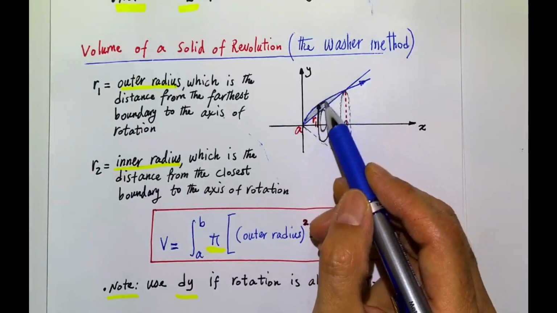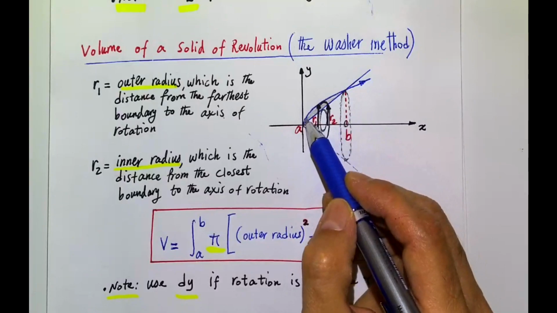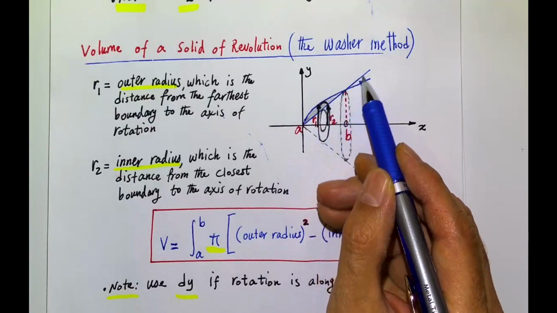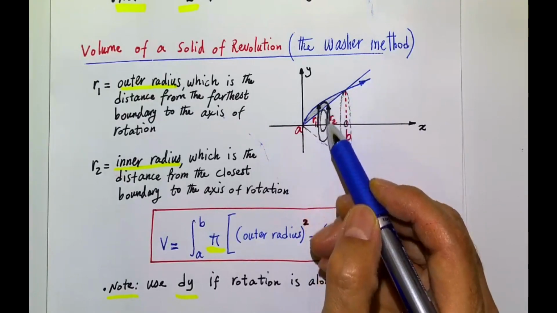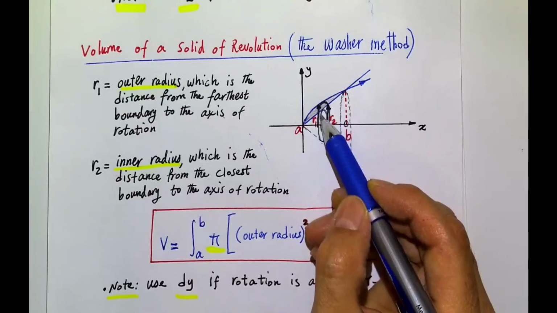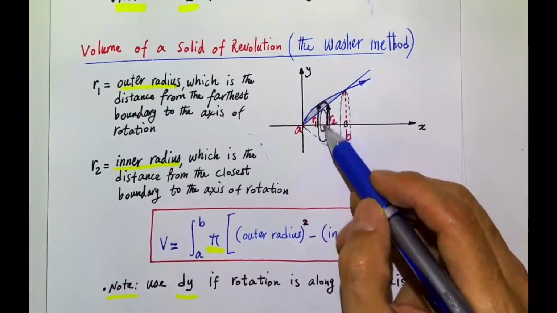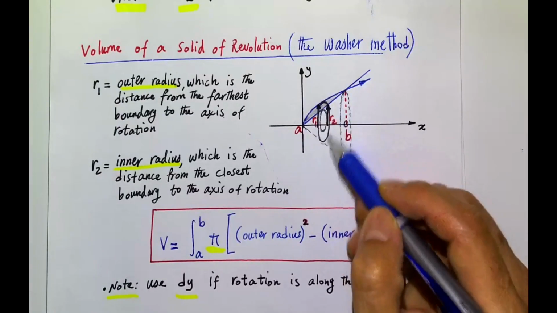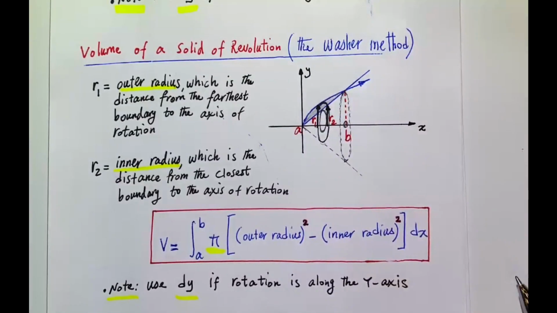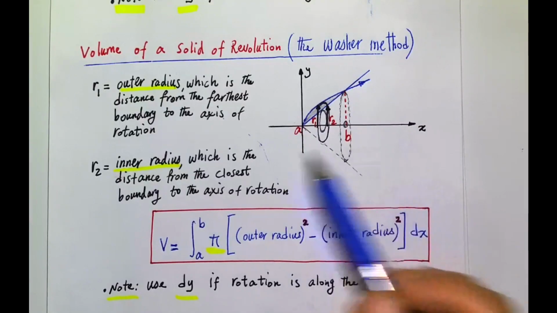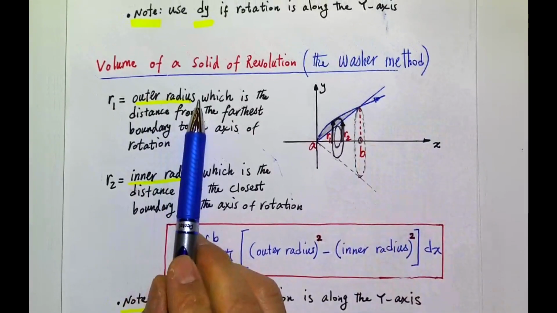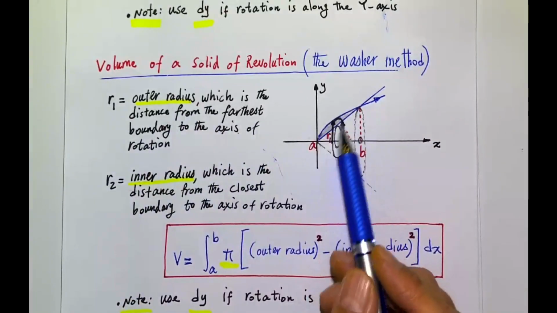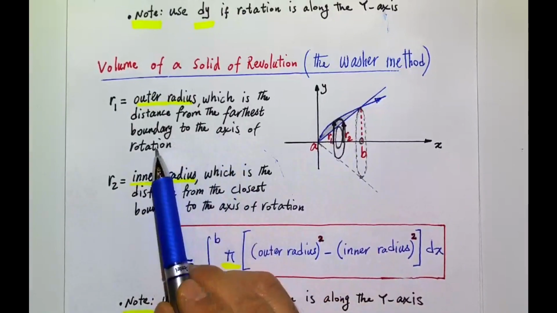We will have examples just like this, but the function that generates this curve and the function that generates that curve each form the outer or the inner radius of the washer that we end up with when we rotate that region, the region that I've shaded, about the x-axis, as shown in this case. So we determine the outer radius, which is the distance from the farthest boundary of these two curves to the axis of rotation.